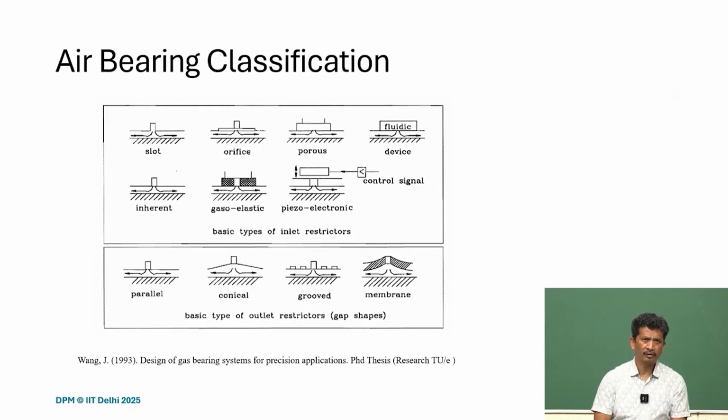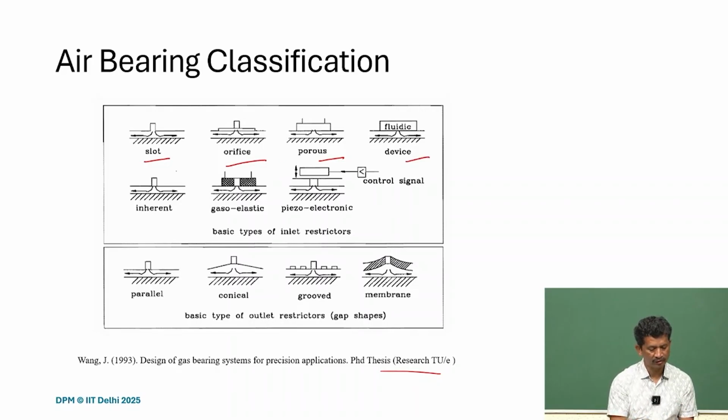All kinds of air bearings can be classified. A lot of work has been done at different places by different people. You can see slot, orifice, porous. Some devices are also fluidic, inherent. Inherent means, because of the pockets, because of those designs, we can get squeeze film and create bearing surfaces, and we can also have an elastic component embedded.